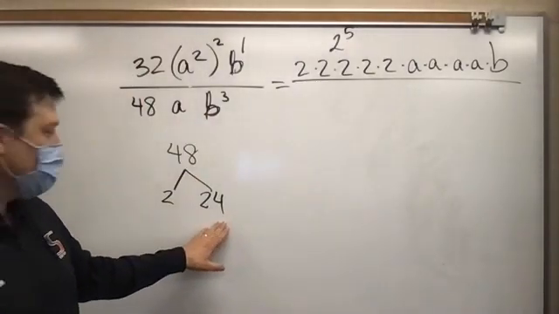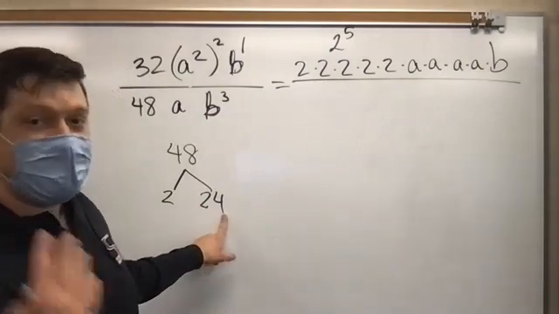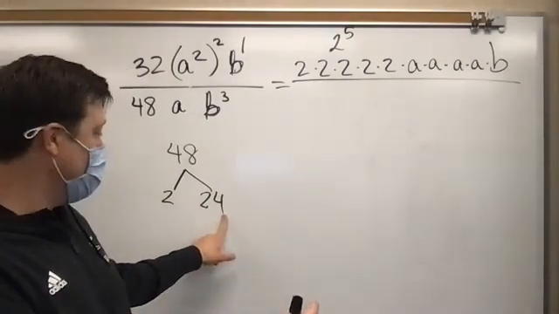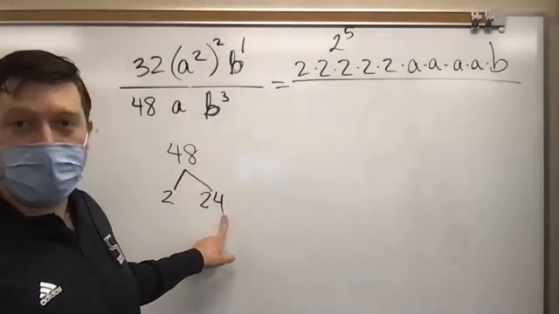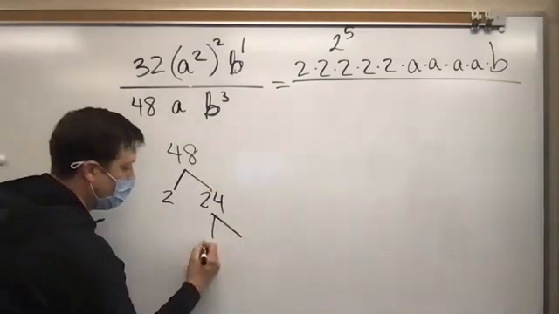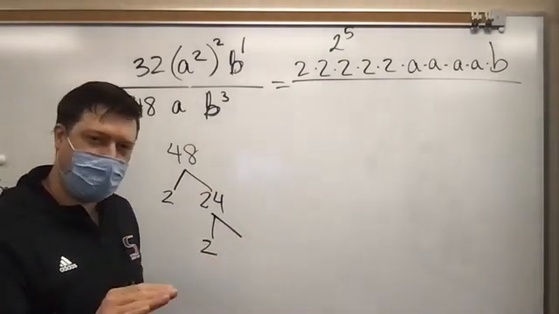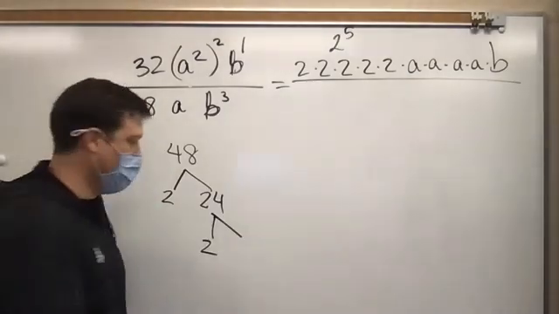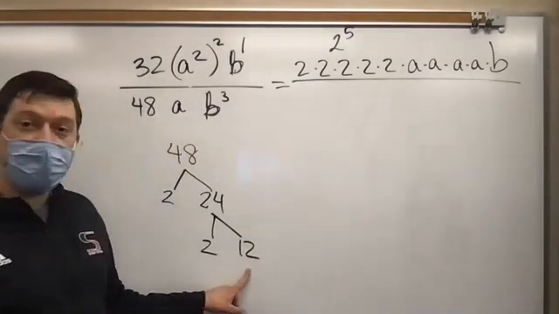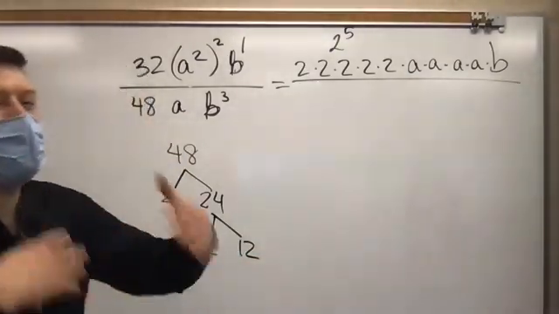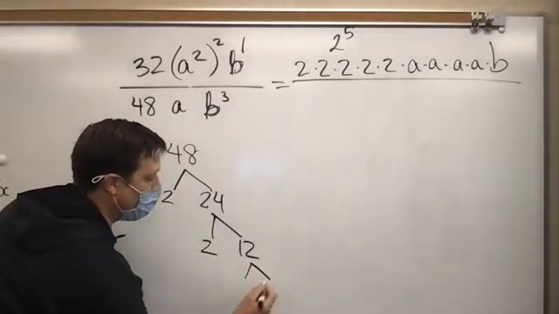24 is not a prime number. 24 has a digit at the end, it's a 4. 4 can be divided by 2. Okay, cut 24 in half. That's what we mean by factor out the 2. 12. 12 is another one, so we just keep going down the line. 12 prime factors.